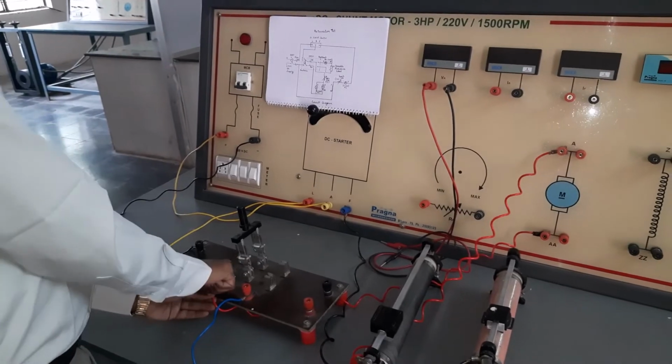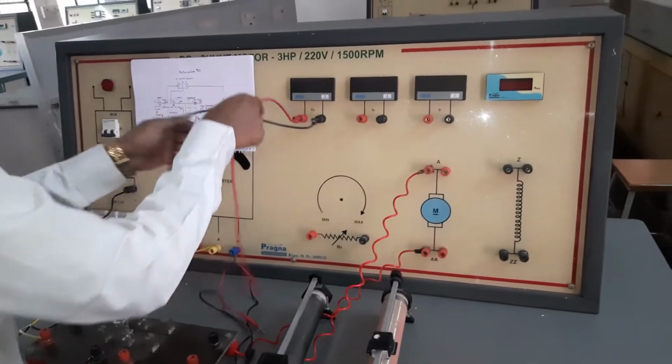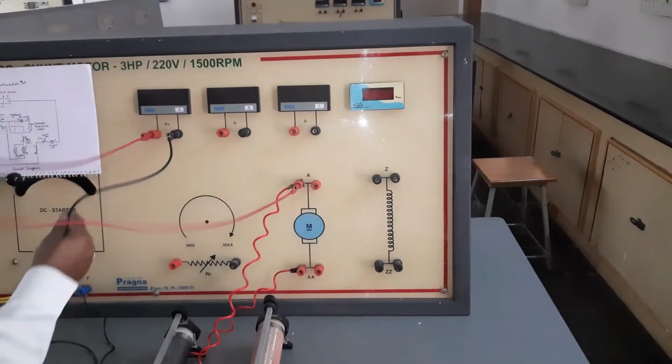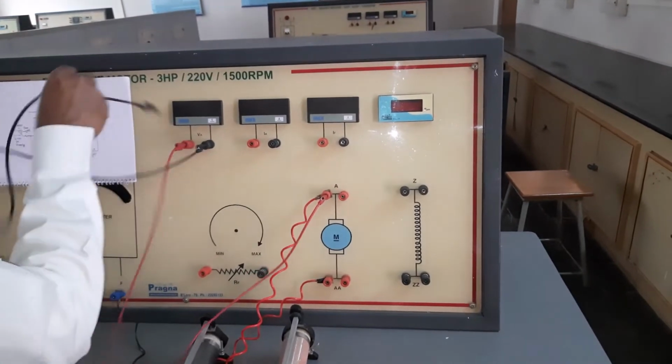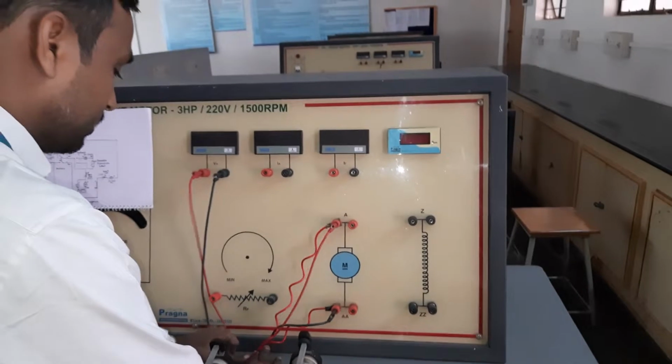So this is the armature connection. Across the armature you can put the voltmeter, connecting the positive terminal and negative terminal across the motor.